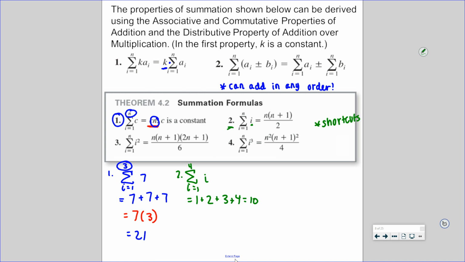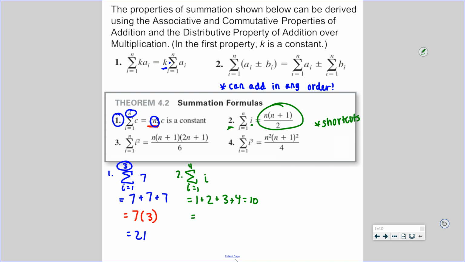The shortcut, and the reason why there's shortcuts, now obviously that one was way easier to just write out, but if they wanted to find the summation when my number of terms was like 365, I don't know about you guys, but I don't want to do 1 plus 2 plus 3 plus 4 all the way up to 365. So in that case, we're going to use this shortcut or this formula, probably a better way to say it.